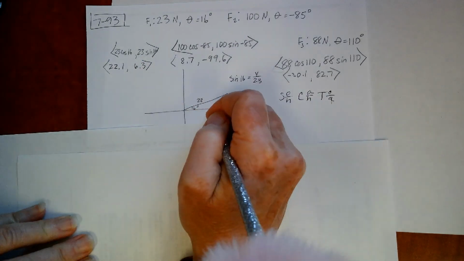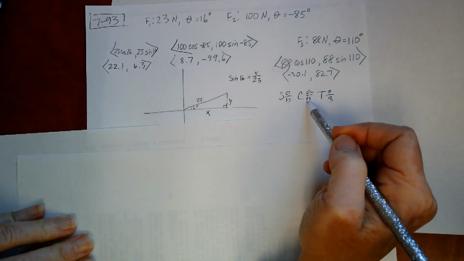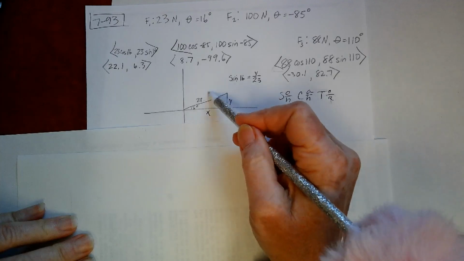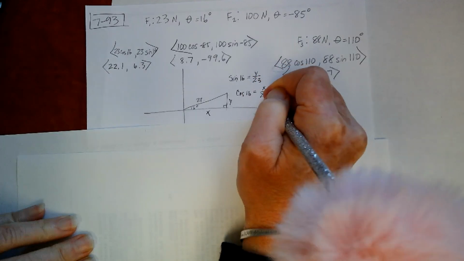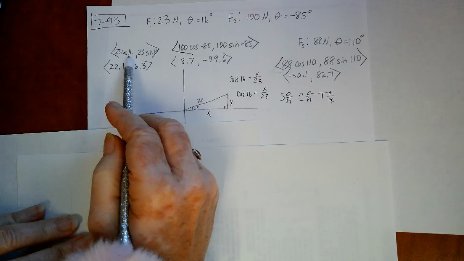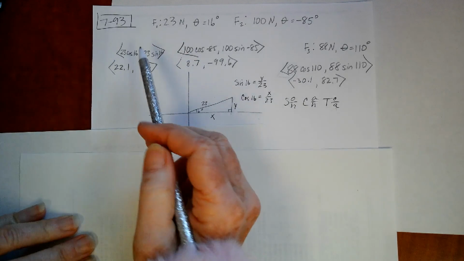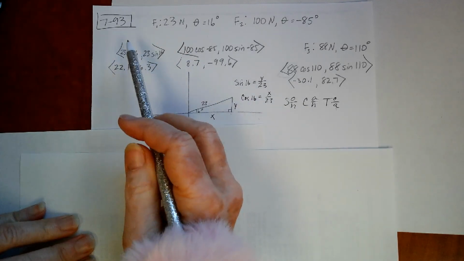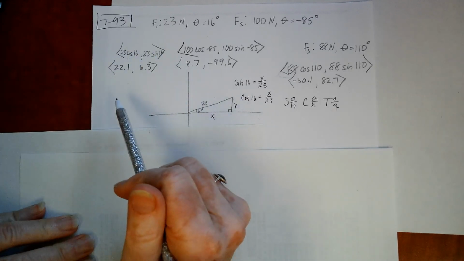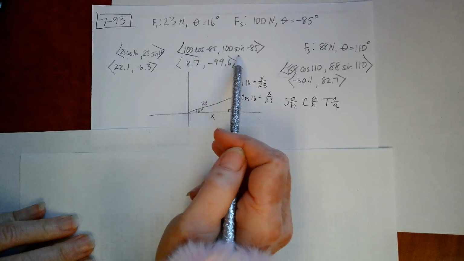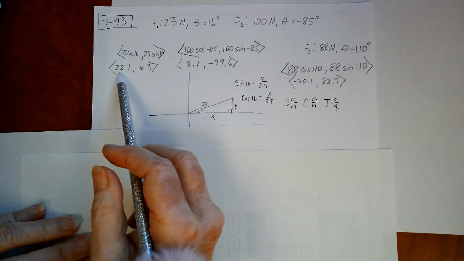Similarly, for the horizontal component, that comes from cosine, because that's adjacent over hypotenuse, so I would write cosine of 16 equals x over 23, and that's how I get 23 cosine 16. If you do enough of these, like in a couple chapters from now, you won't be drawing any diagrams. You'll just know that you're going to use cosine for your first component, and sine for your second component.